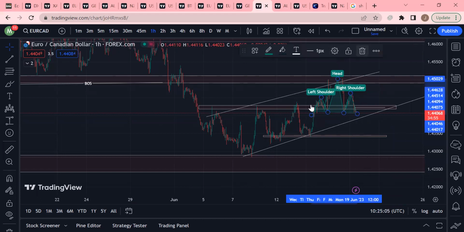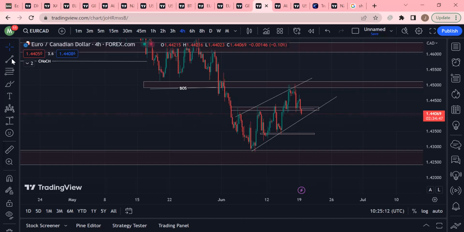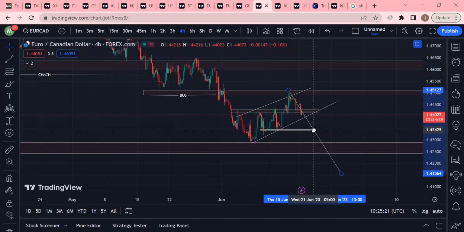So if I go back to the 4-hourly chart, I will first use the target. If I take this as a target and pull here, you see where we're coming to.